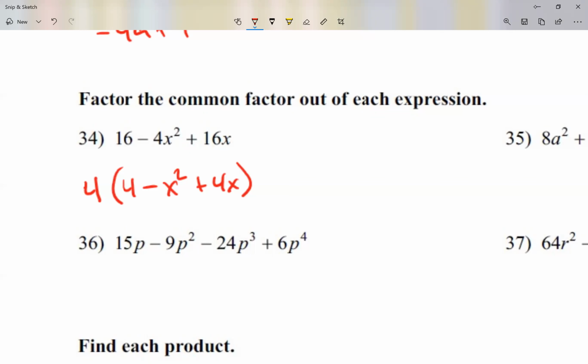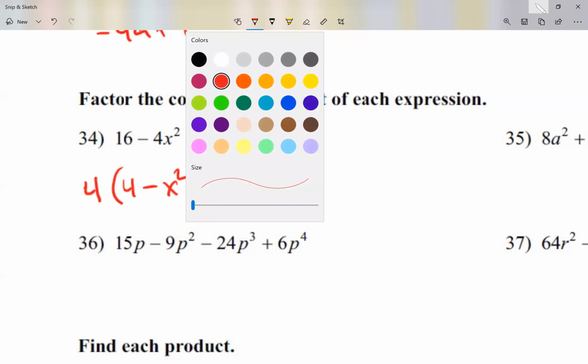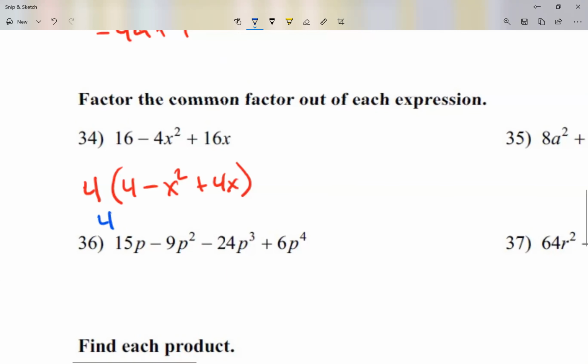I saw what's the biggest number I can divide them by, and the number I divided by, I wrote it on the outside. Now, how are you going to type this? Well, obviously the 4 on the outside, open parentheses, 4 minus x to the second plus 4x, and then close parentheses. So in red is how we write it. In blue is how we type it.